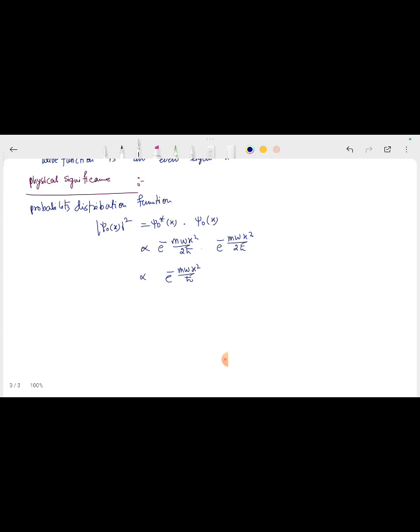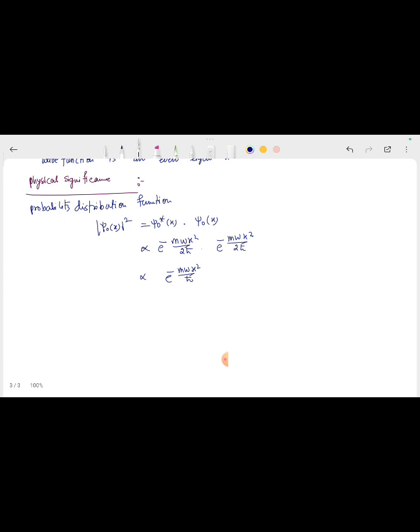So the probability distribution function is also a Gaussian function, but the shapes of the ground state wave function and the probability distribution function are completely different.